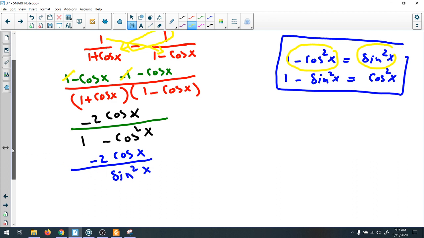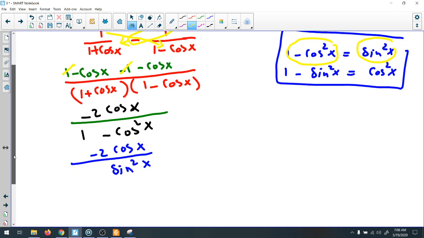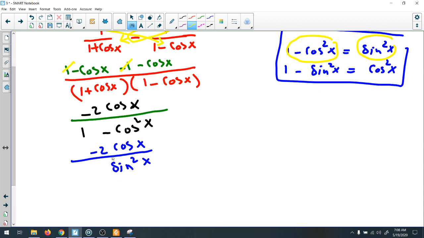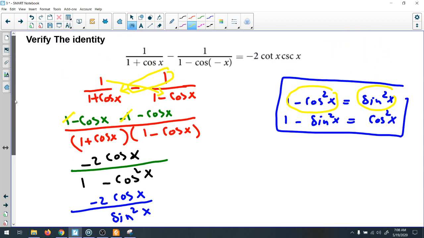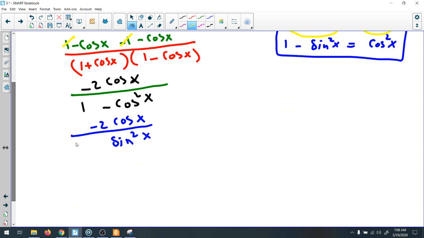Always look at the right side. What do we have here? Clearly we have negative 2, and on the right side we also have negative 2. But we don't have cotangent and we don't have cosecant, though we could get them. We have sine squared. Think about that.